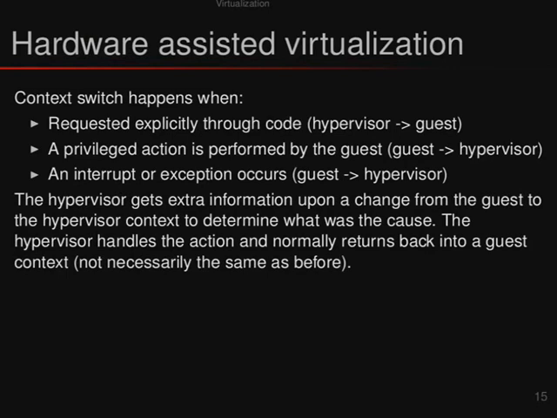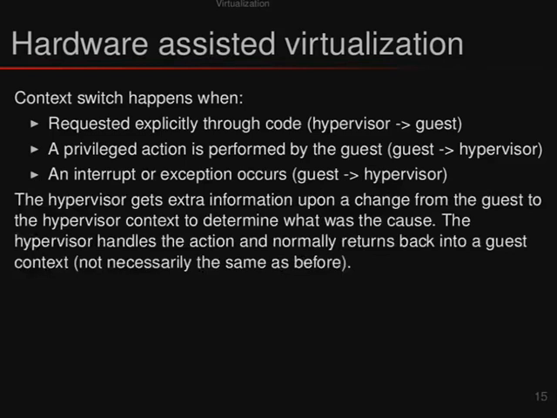Or a hardware interrupt or an exception occurs. That means some attached device pulls on an interrupt line on the CPU, and the CPU has to react to get data from the hard disk or the network interface. Then the guest mode is also persisted and the hypervisor mode is loaded again so that the hypervisor can handle the real hardware events.